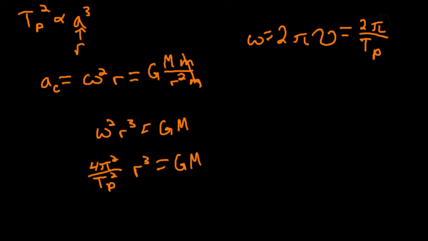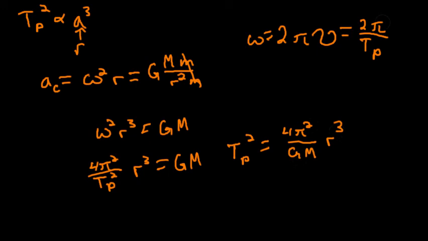Now, omega is equal to 2 pi times the frequency, and the frequency is equal to 1 over the period of the planet's orbit, which is T_P.